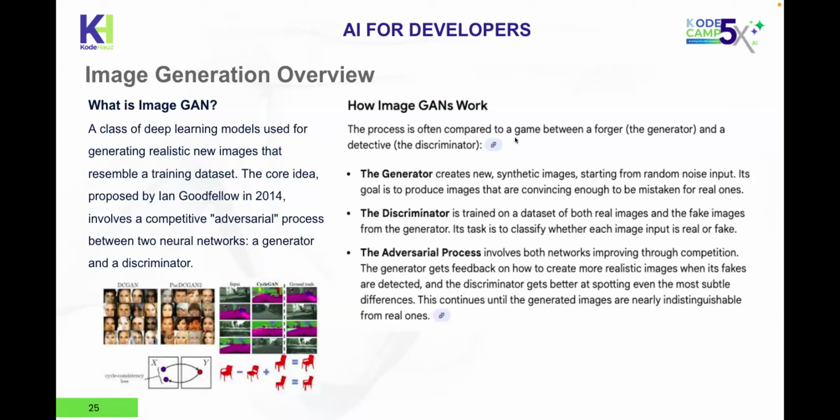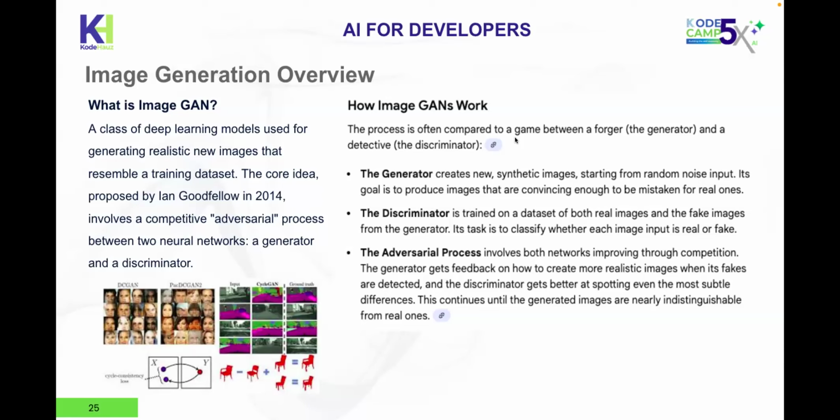The generator creates new synthetic images starting from random noise. It always starts from random noise. And its goal is to produce images that are convincing enough that the discriminator cannot differentiate those generated images from real images, right?